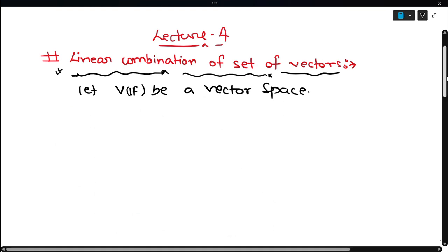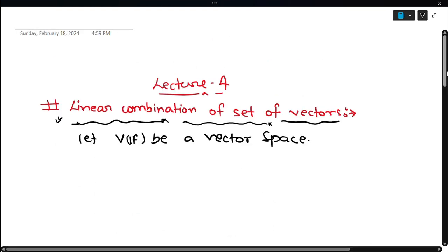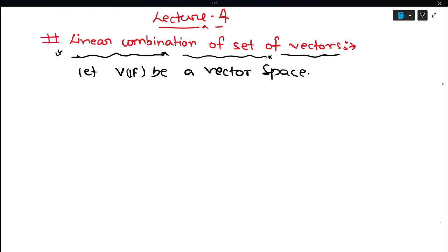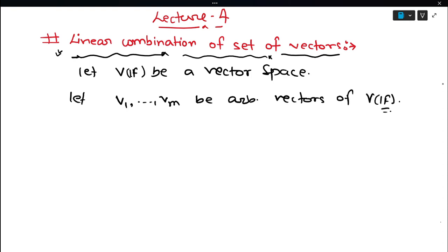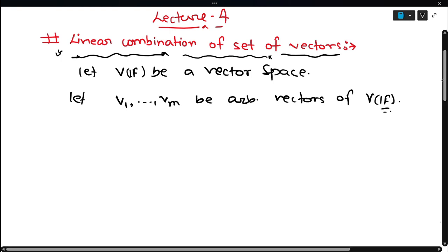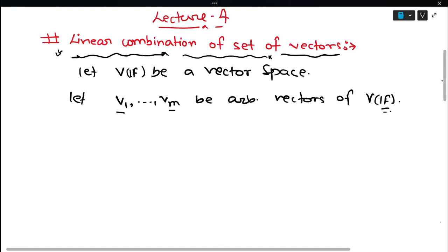Now let v1 to vm be arbitrary vectors of vector space V. Obviously it is over field F. So we have taken v1 to vm arbitrary vectors.